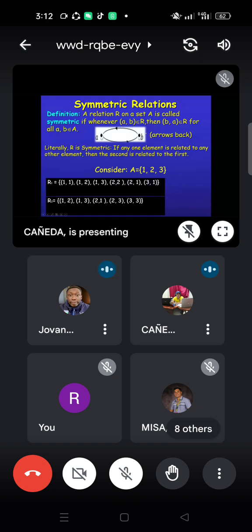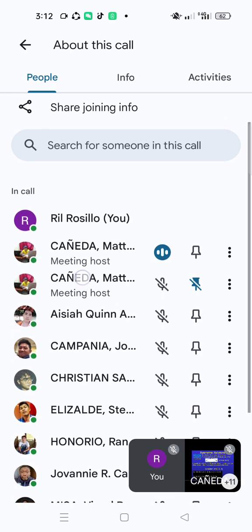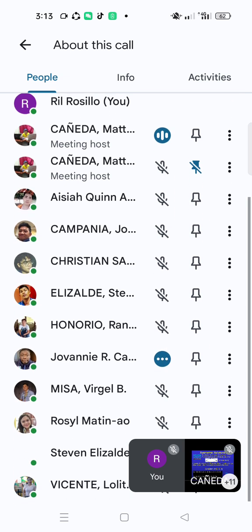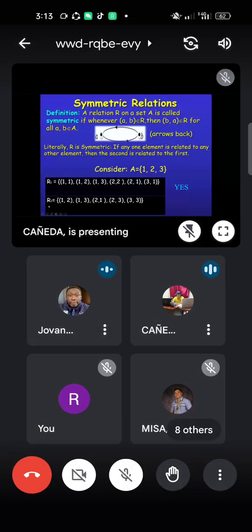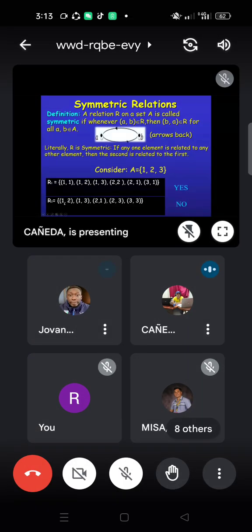So consider the example set A = {1, 2, 3}. We have R1: 1 1, 1 2, 1 3, 2 2, 2 1, and the opposite of 1 2 we have 2 1, of 1 3 we have 3 1. Okay, this is not a symmetric relation. We have 1 2, 1 3, 2 1, 2 3, and 3 3.